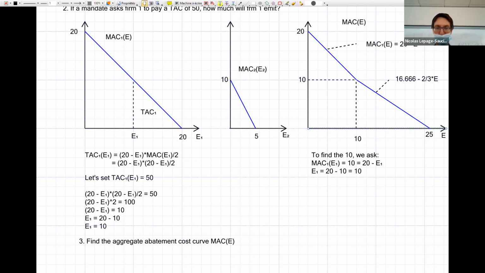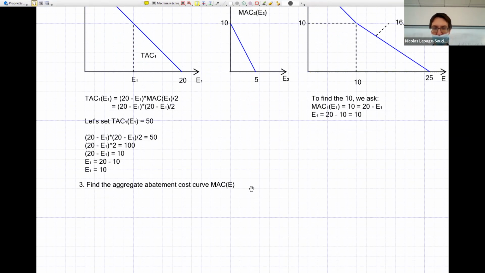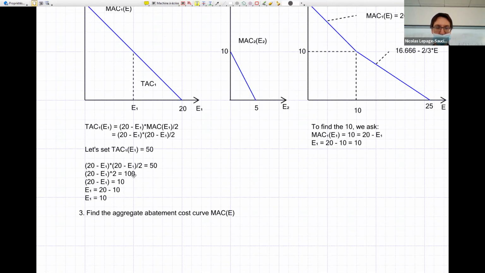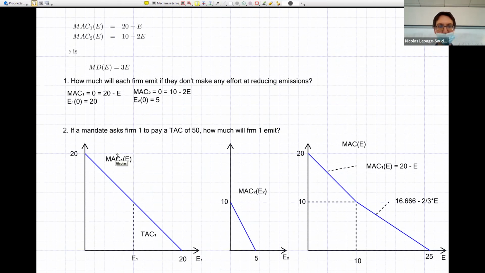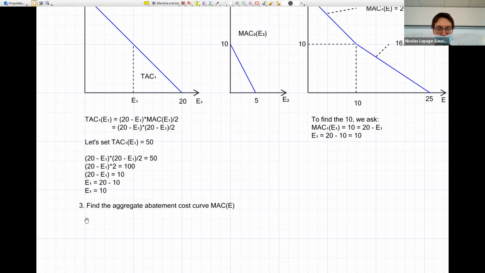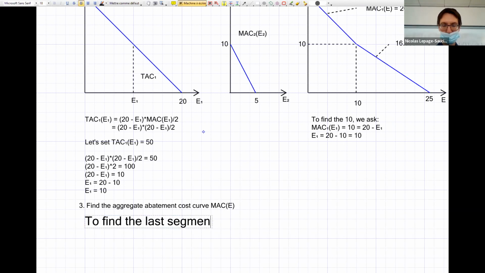All right, so let's see if I can do it. I have that MAC1 is equal to 20 minus E. So inverting, one inverts the MAC curve.